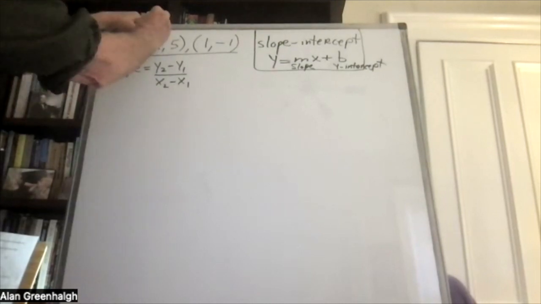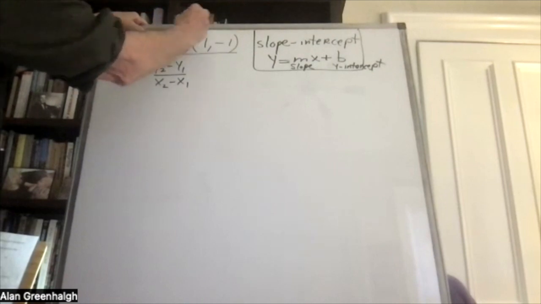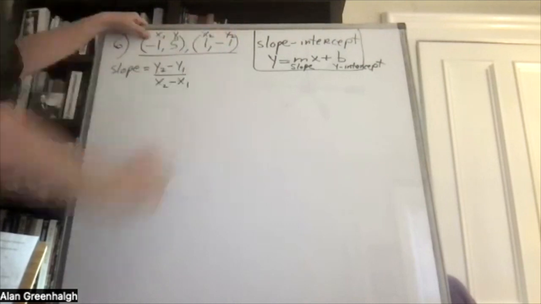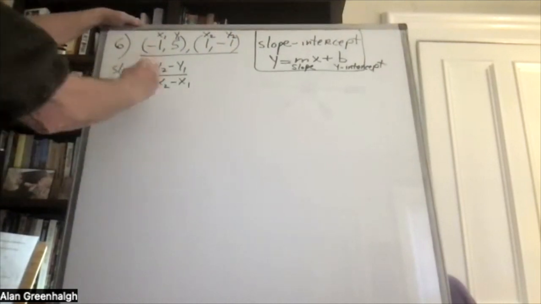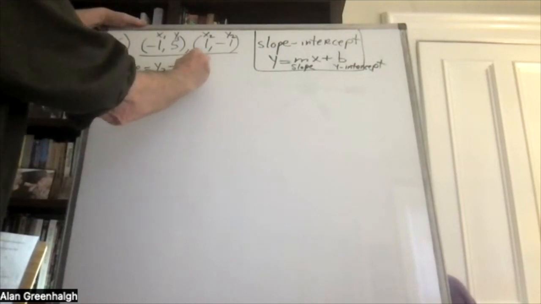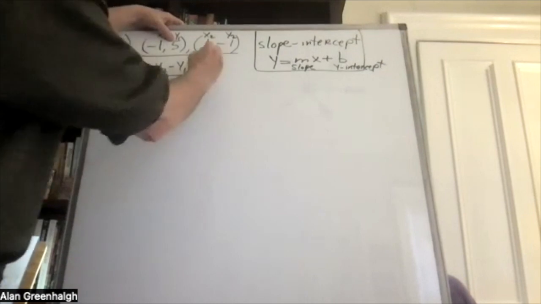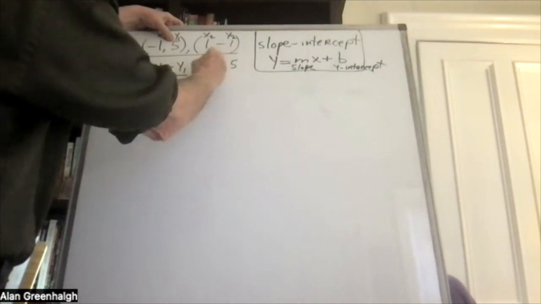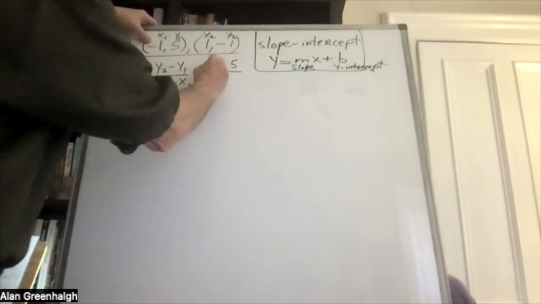And if you want to, you could indicate x1, y1, x2, y2, if you'd like. That makes it easier. And this would equal -1 minus 5 over 1 minus -1.